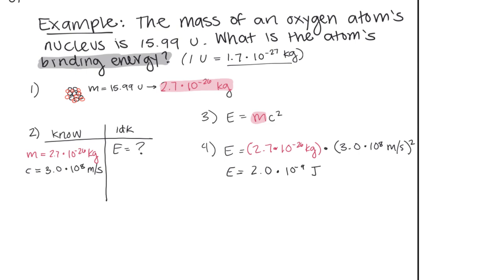You could also think of it as this many joules in standard notation. So that is our binding energy. That is the amount of joules required to break apart the nucleus of an oxygen atom.